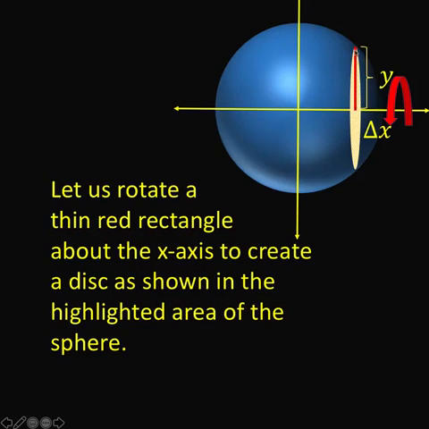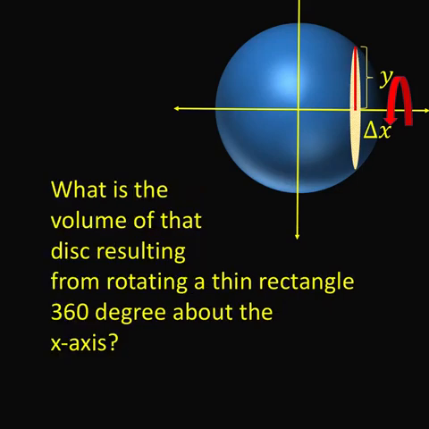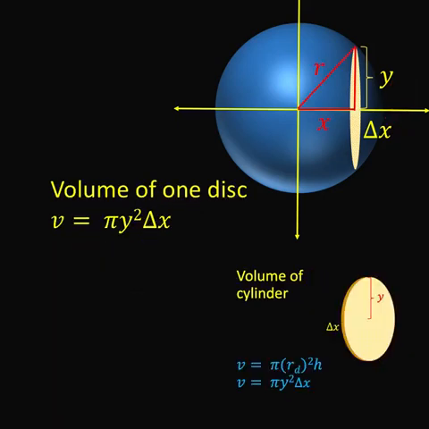And then let's rotate this rectangle 360 degrees around the x-axis in order to form this disc. What is the volume of the disc resulting from this rotation? A while ago, we already said that the volume of this disc is V equals pi y squared delta x.